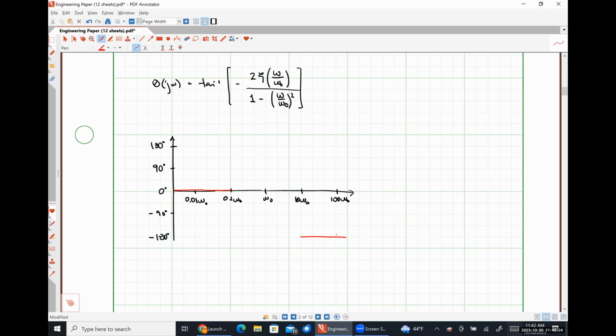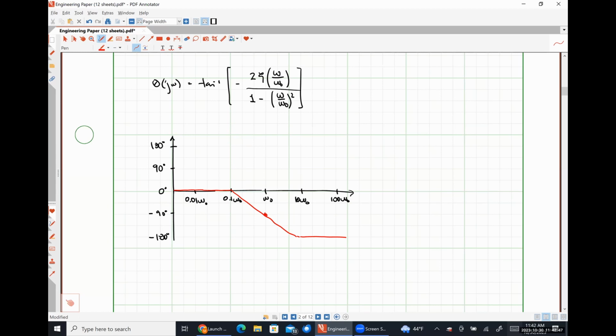So for zeta equal to 0.5, which I believe I used the red color for earlier, I'm trying to be consistent, we have effectively the exact same response as what we would expect. So it should hit negative 90 degrees at exactly our resonant frequency.